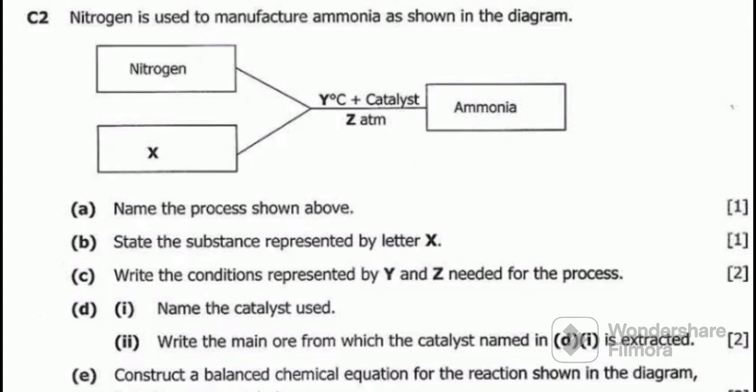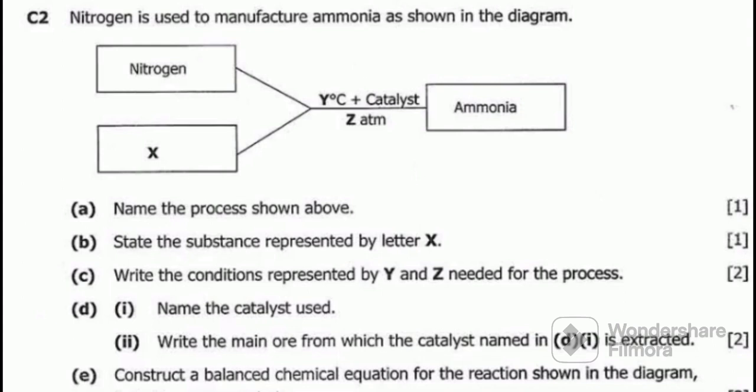In this diagram we have nitrogen and X. These two were reacted at Y degrees Celsius plus catalyst and Z atmospheric pressure, and the product is ammonia. So here we are manufacturing ammonia.